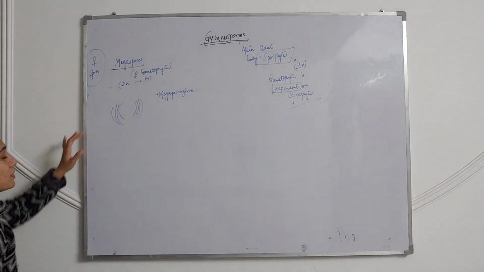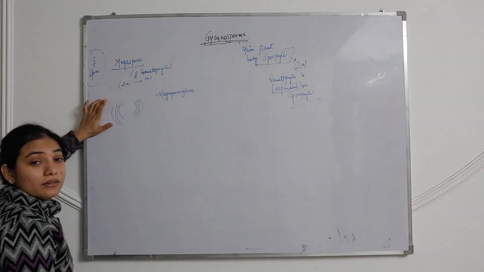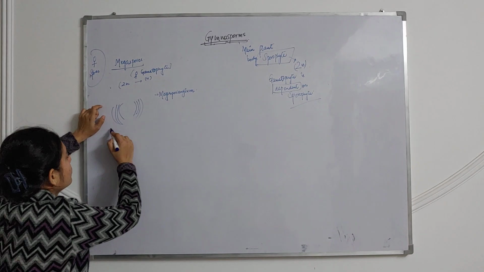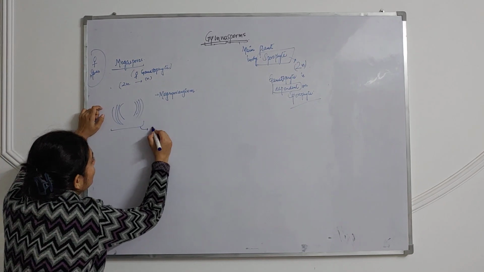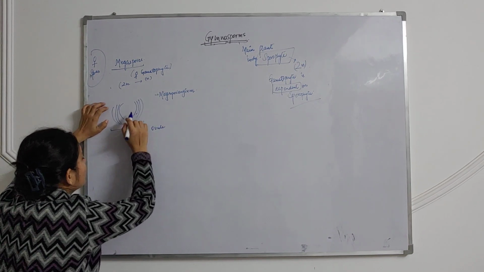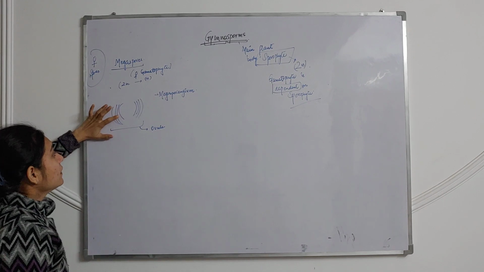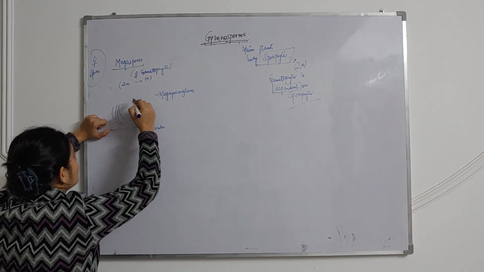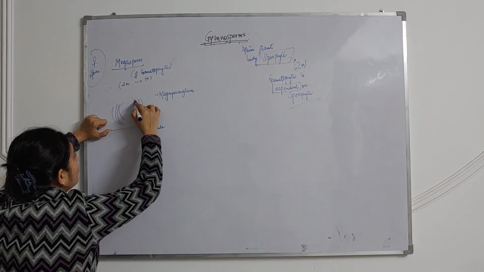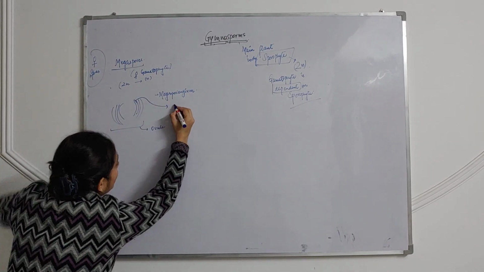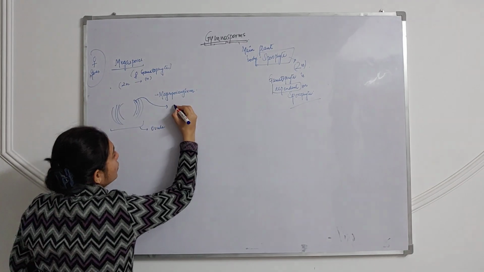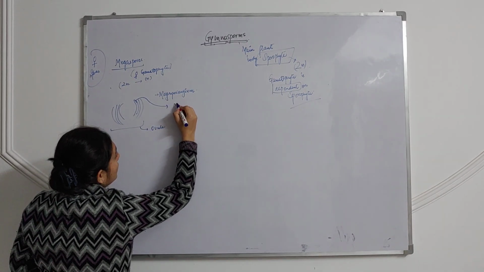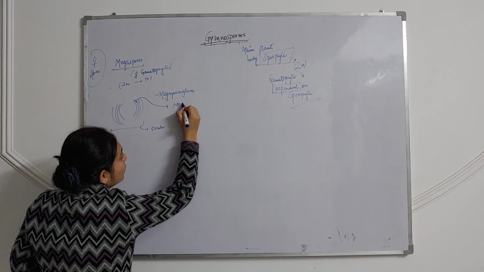How megasporangia? We will call it the ovule or megasporangia, but what is present in it? Different layers are enclosed in it, and one of the cells undergoes meiosis and forms the megaspore mother cell.